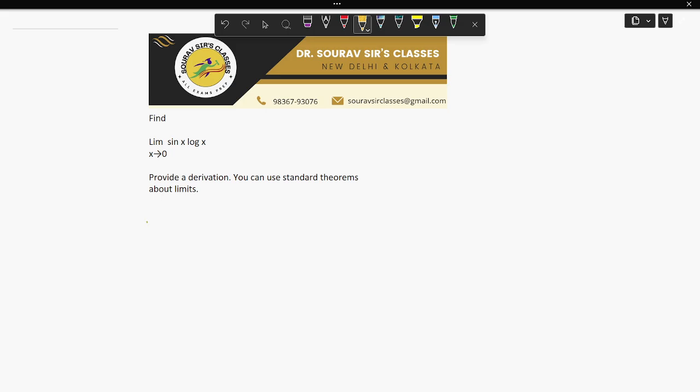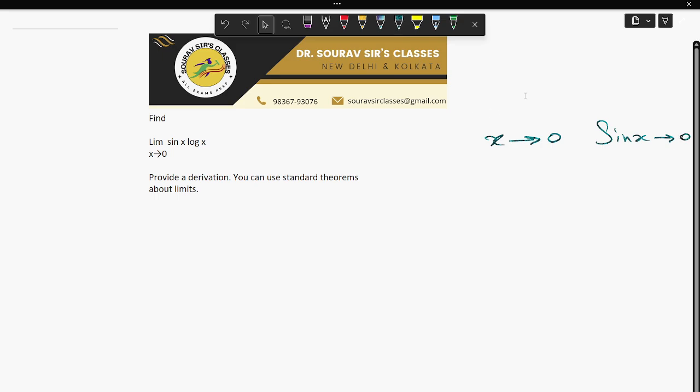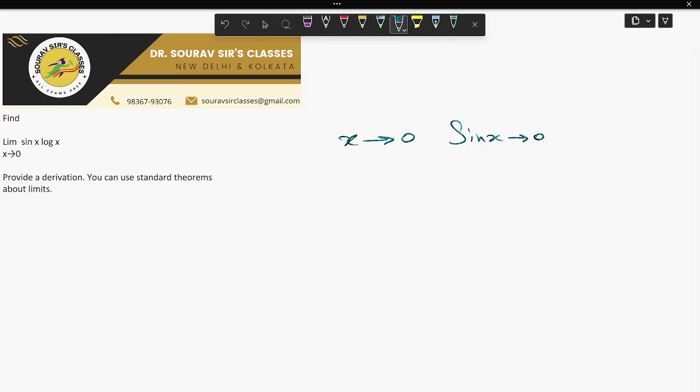So what can be done here? As our x is tending to 0, we know that our sin x goes to 0, and when x is tending to 0, we know that our log x will tend to minus infinity, because they are fractions, or rather any small term lying between 0 and 1.